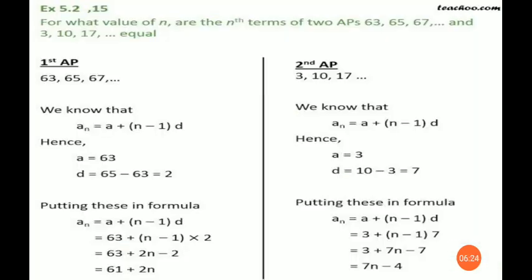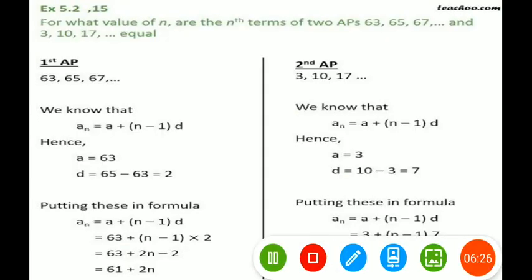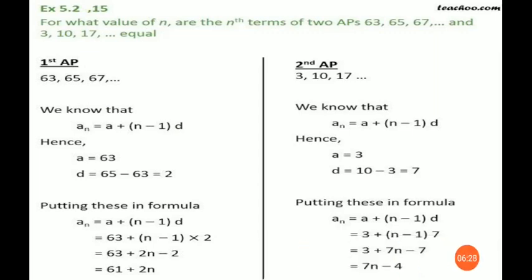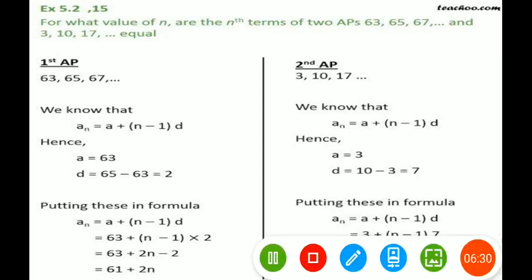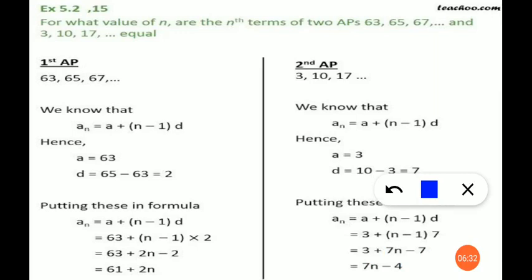Question number 15, which says, for what value of n are the nth terms of two APs equal? The two APs are 63, 65, 67 and 3, 10, 17.